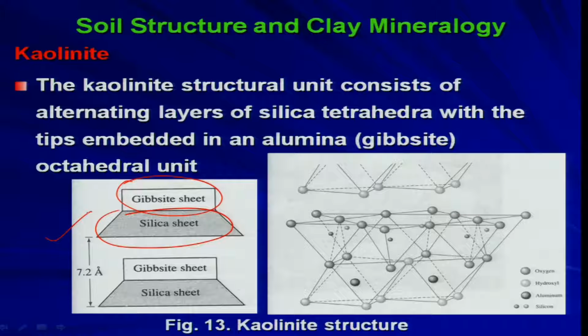Whereas, if you want to see all the atoms and how they are oriented, you can see here. This is your silica sheet, and this one is your gibbsite sheet or the octahedral sheet. They are getting stacked together. This is one silicon atom inside, as we have seen for the silica sheet, and this is your alumina atom, as we have seen for our gibbsite or the alumina sheet.